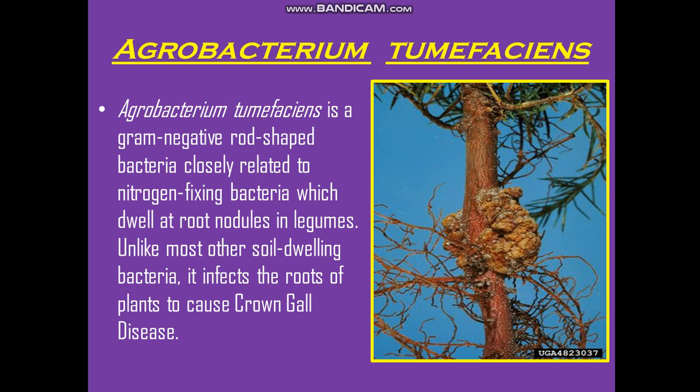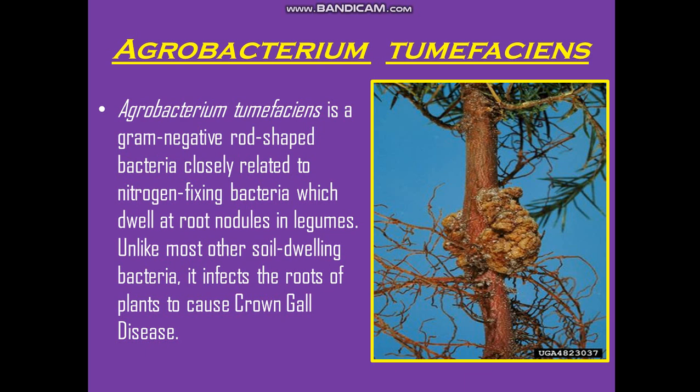Can you imagine that there can be something in Agrobacterium tumefaciens that will increase the formation of growth hormones? Yes, it can be one possibility, and this is what happens here.